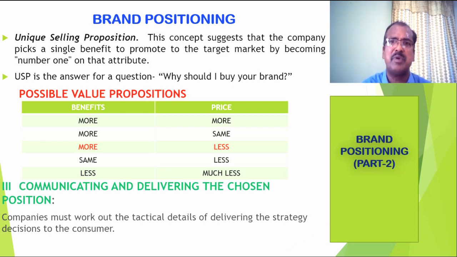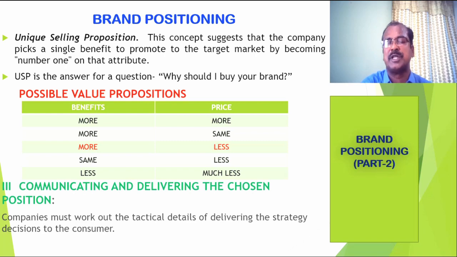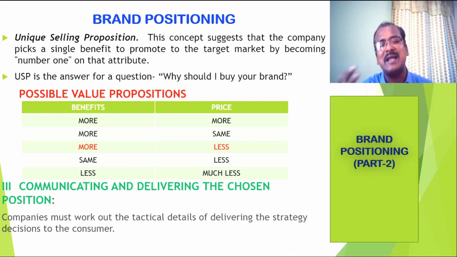The important part is what? You have to beautifully deliver it. That means communicate it to the target customers in such a way that they understand the delivered position, so that they take their right of developing positioning for the brand in their minds.